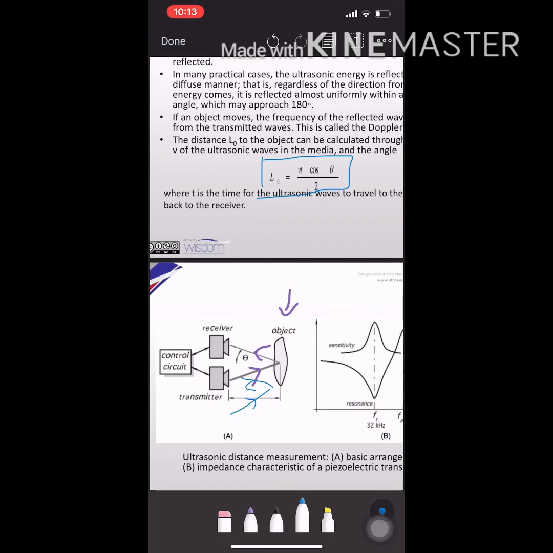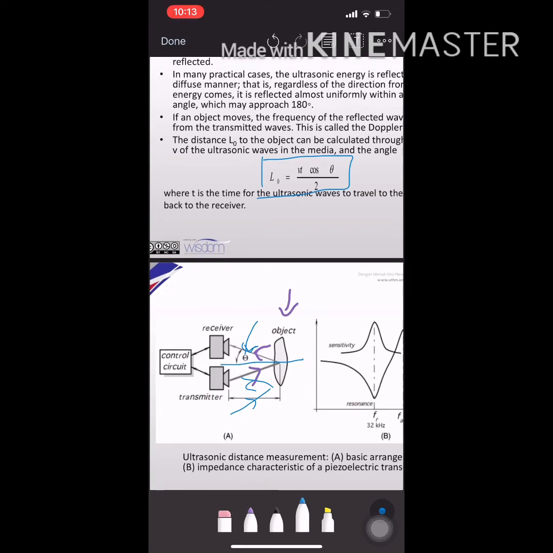Theta is the angle of the transmitted wave from here, the angle that we measure.